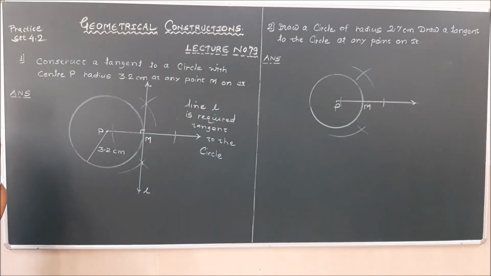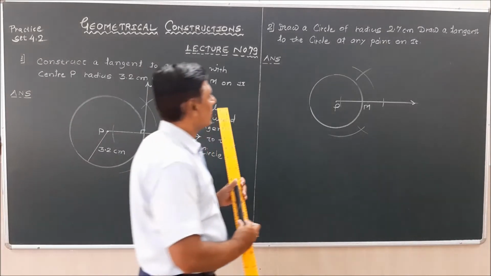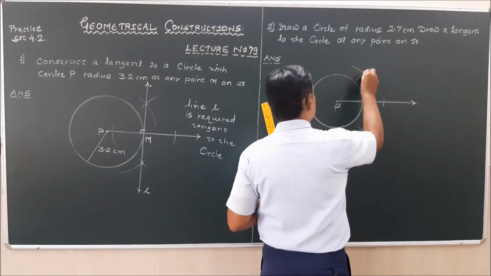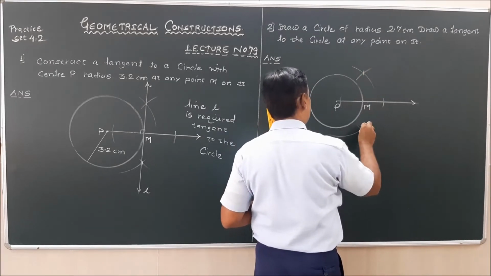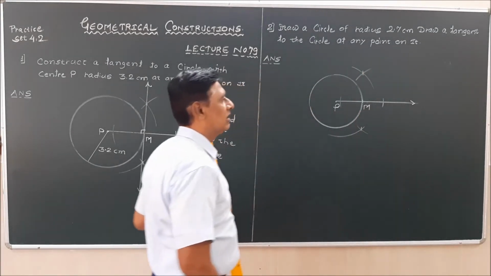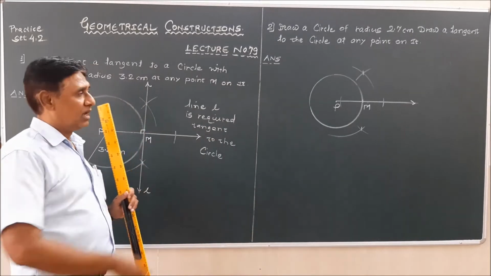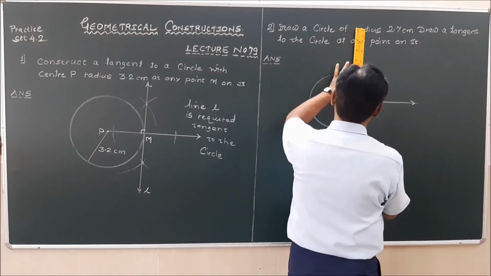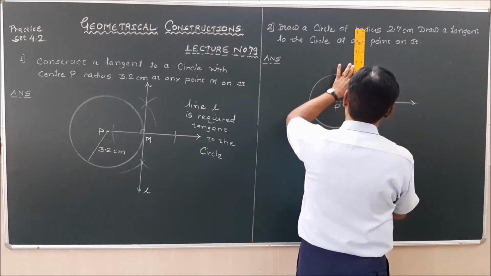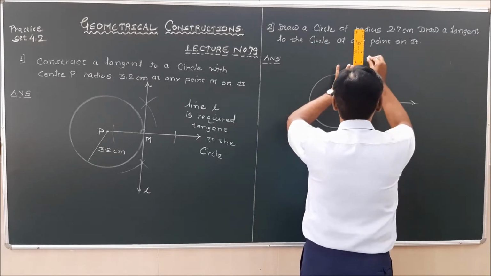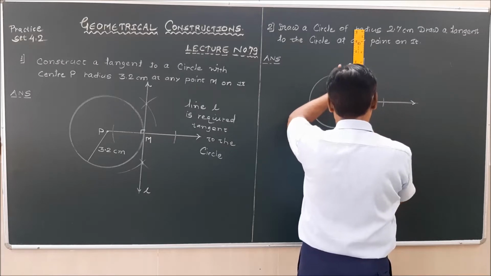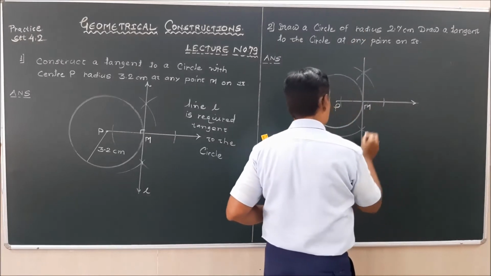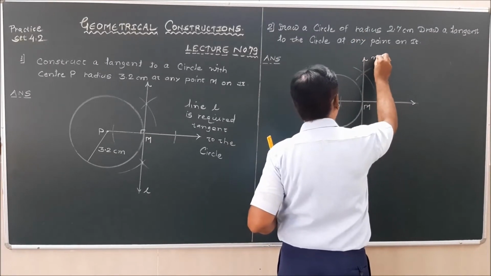Then, through the point of intersection of the arcs and point N, we have to draw a tangent to the circle.